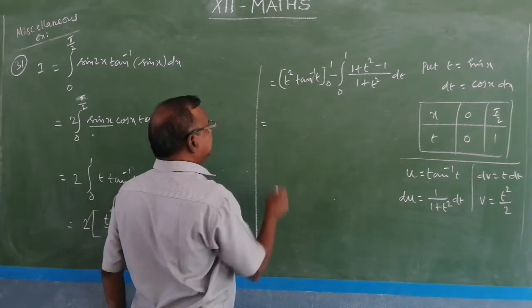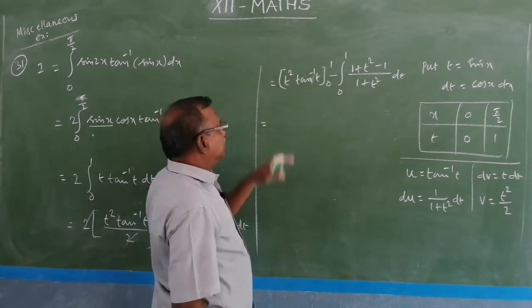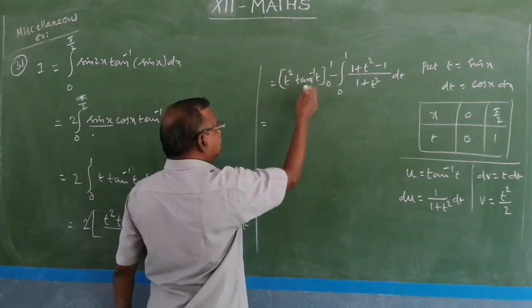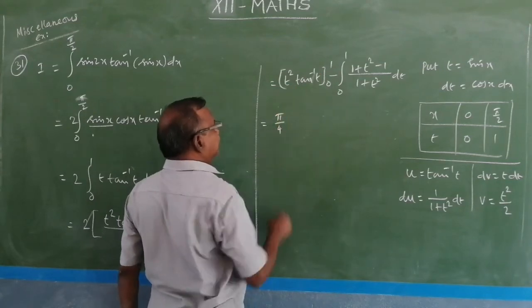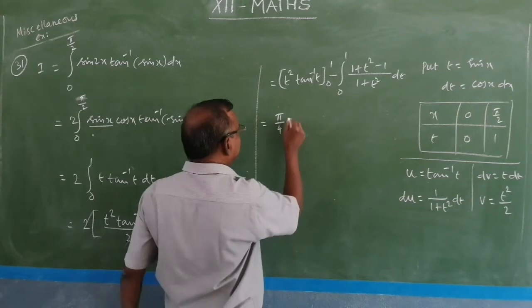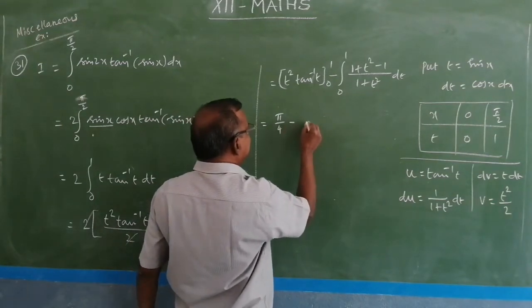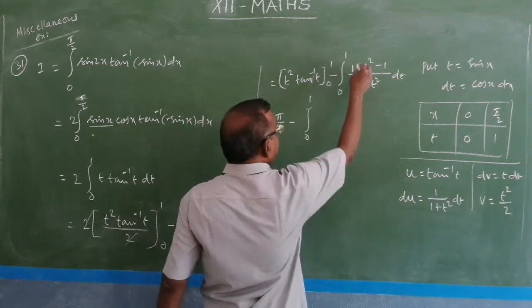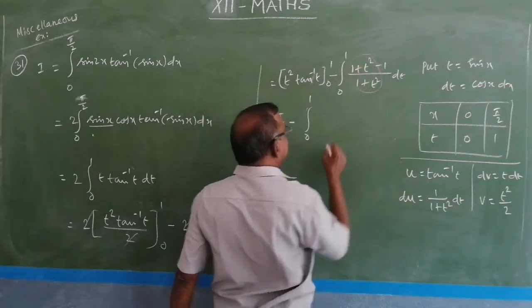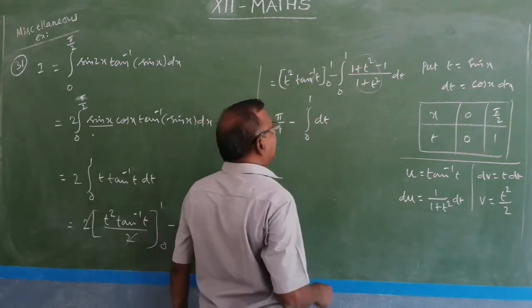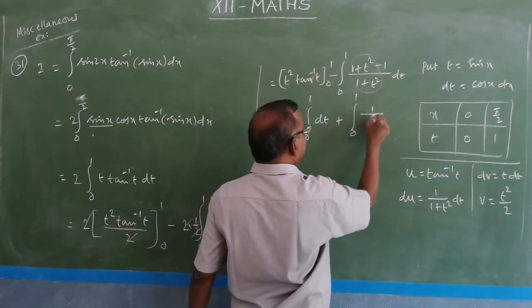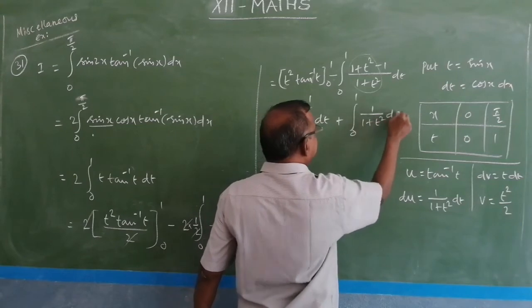The first part is upper limit minus lower limit. When the upper limit is 1, tan inverse of 1 equals pi by 4, and the lower limit is 0. This is pi by 4 minus the integral from 0 to 1. When we split this, it will be dt, and minus into minus plus the integral from 0 to 1 of 1 by 1 plus t square into dt.